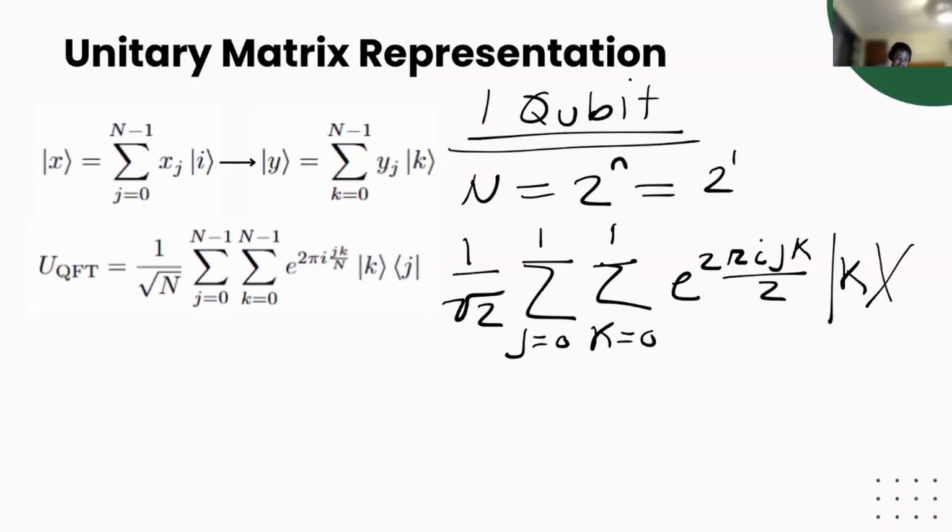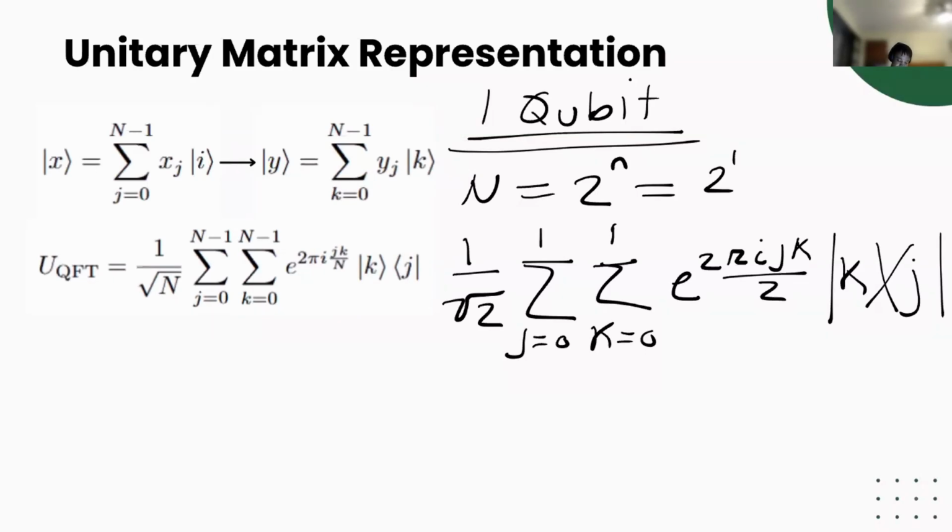And so as we expand this, we see that anytime that j or k is equal to 0, then this exponent will be equal to 0, and thus our value will be 1.